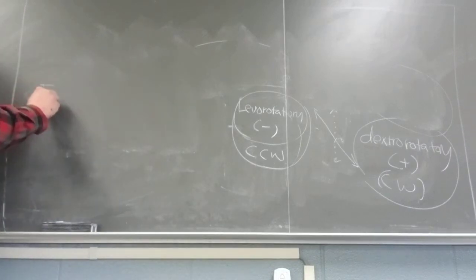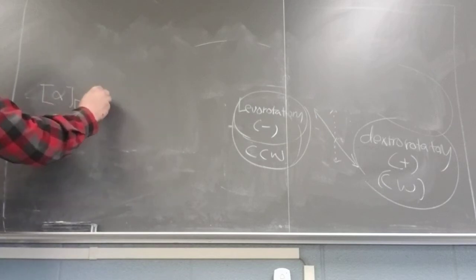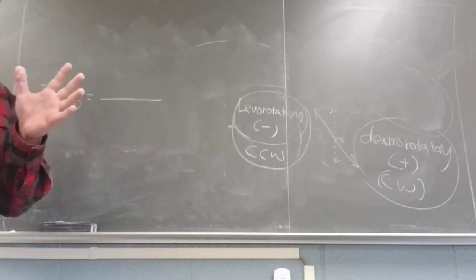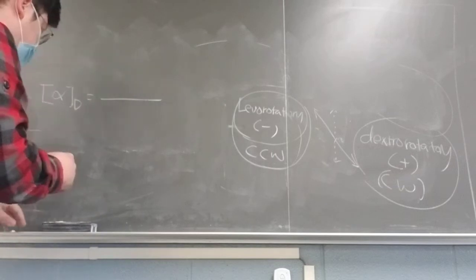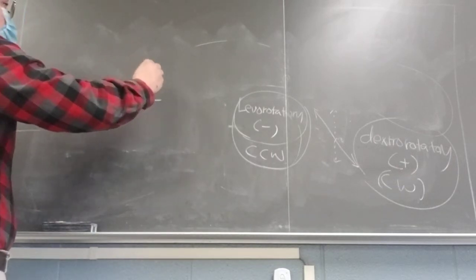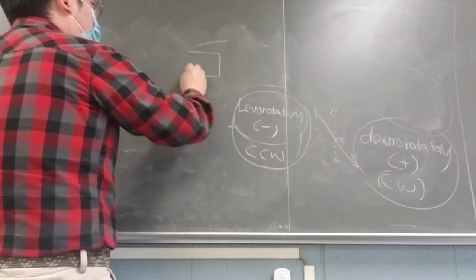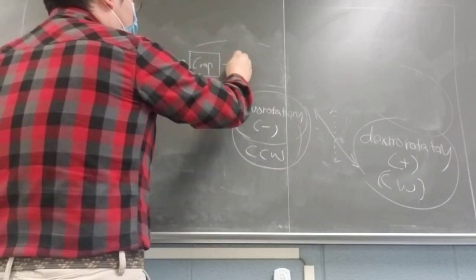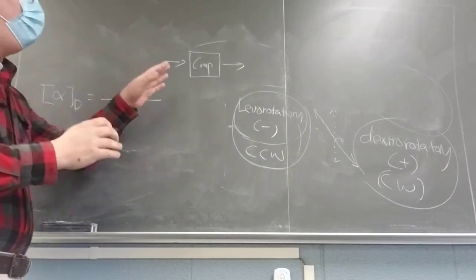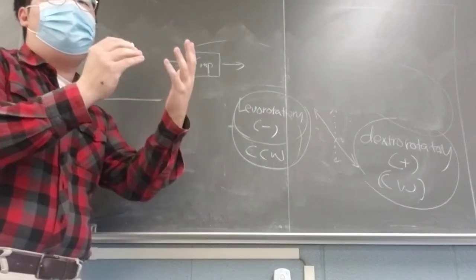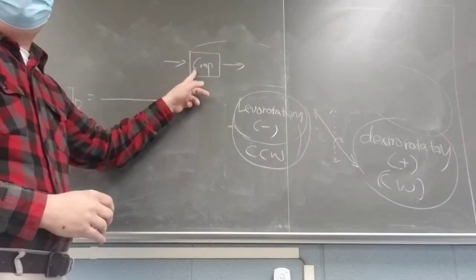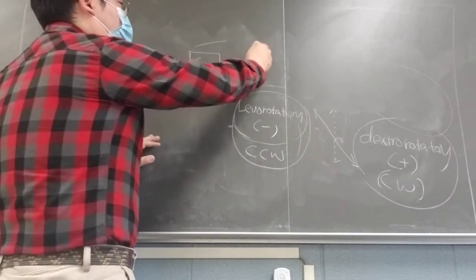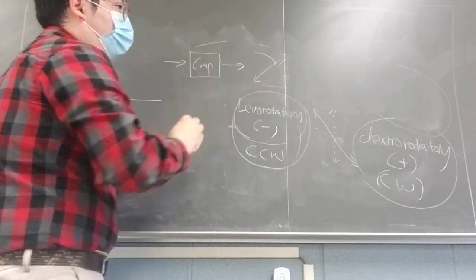Okay. So whenever you have a specific rotation in this symbol here, we try to use certain standard conditions. Meaning, think about it. If you have a compound here and they rotate the polarized light, that means if you have more compound in this container, they rotate more, right?